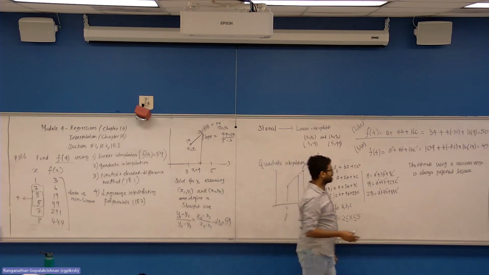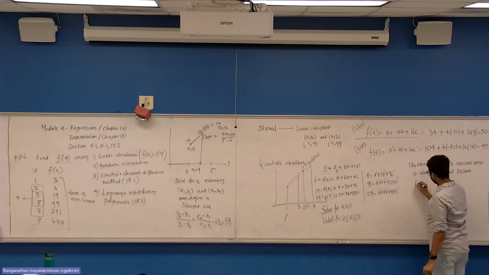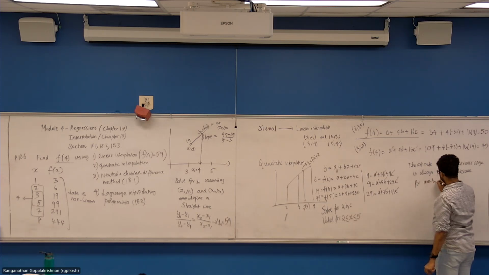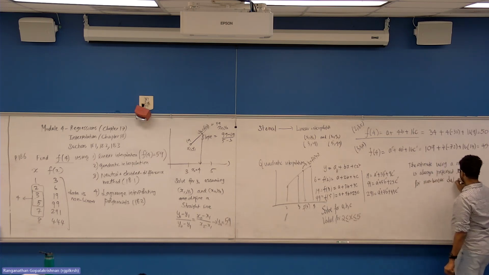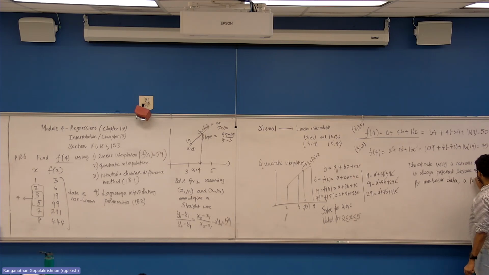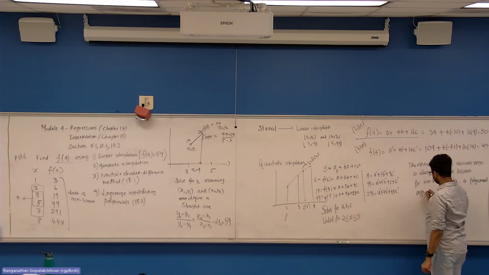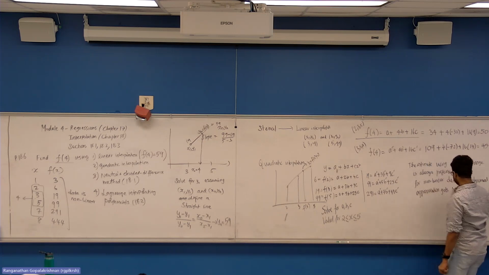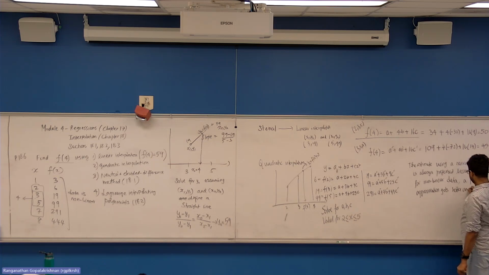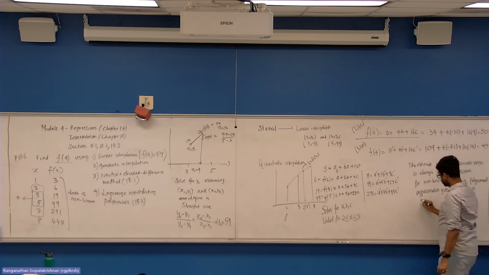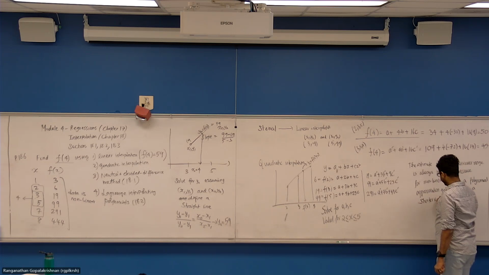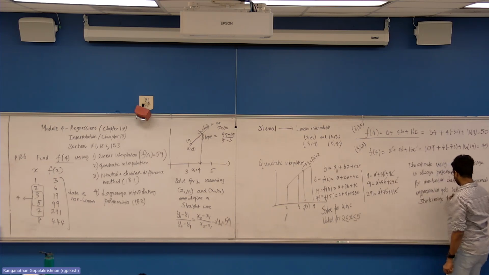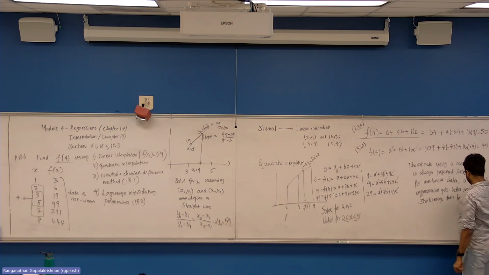So you make the range as narrow as possible, because for nonlinear data, a polynomial approximation gets better over a shorter range than for a wider range of x.